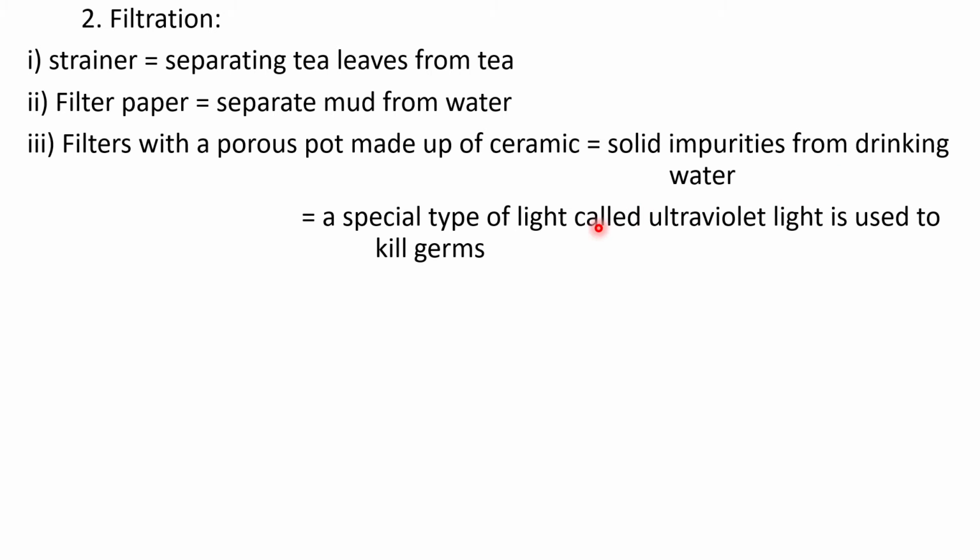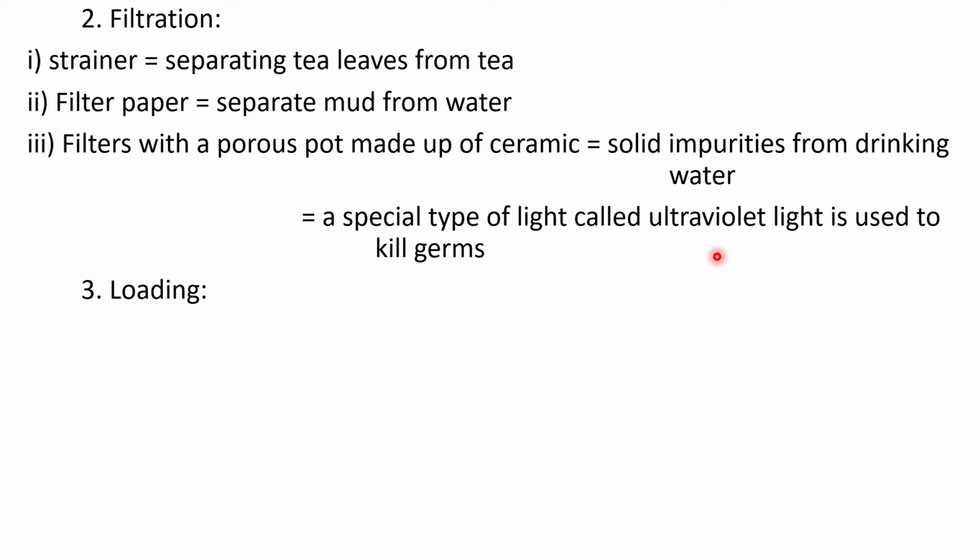A special type of light called ultraviolet light is used to kill germs in RO. Apart from the ceramic filters, there are some germs also present in the water, so these are separated with the help of ultraviolet light.